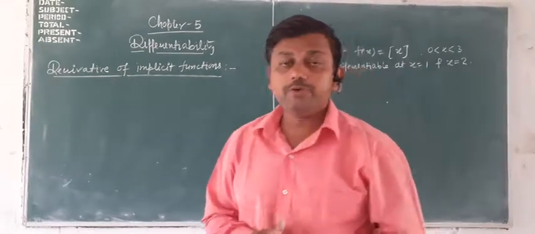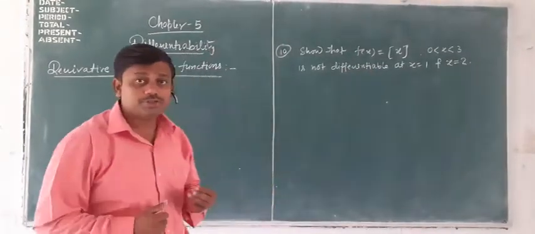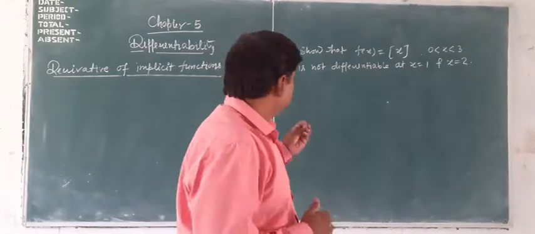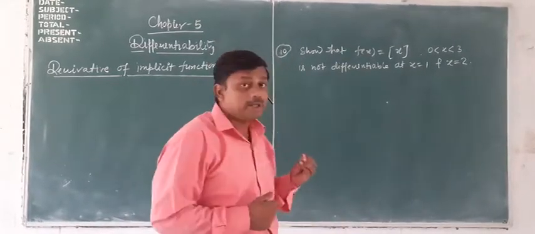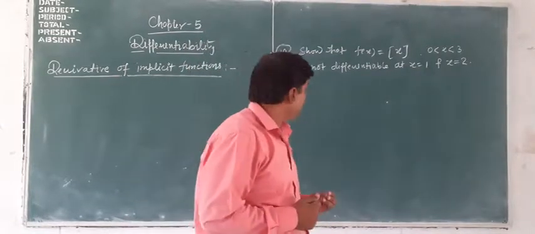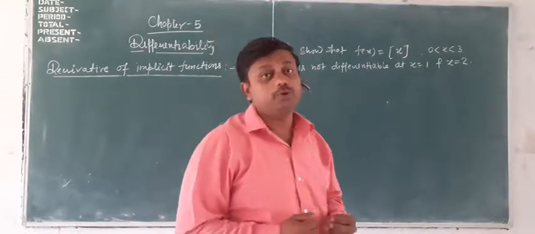In this video, we shall discuss the one remaining question of exercise 5.2. Show that f(x) equal to greatest integer x, where x lies between 0 to 3, is not differentiable at x equal to 1 and x equal to 2.